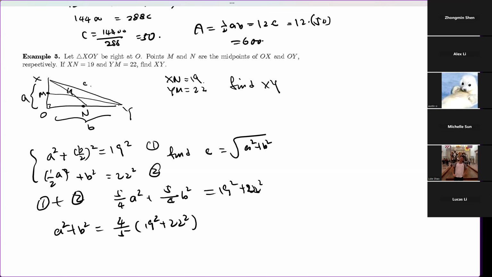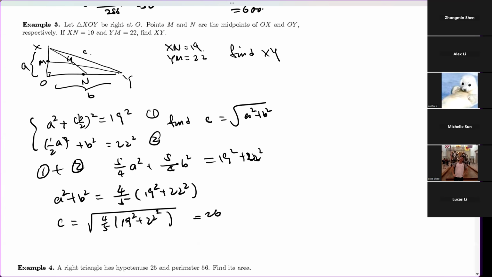Then you simplify and finally you get C, the square root of it. After you simplify, you will get 26. So C is 26. 26 is the answer.